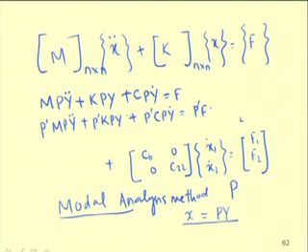By using the orthogonality property of the modes, one can find that P transpose M P is a diagonal matrix. Similarly, P transpose K P is a diagonal matrix. For many cases this damping matrix can be replaced by Rayleigh damping, so the damping matrix can be written in terms of the mass matrix and the stiffness matrix.